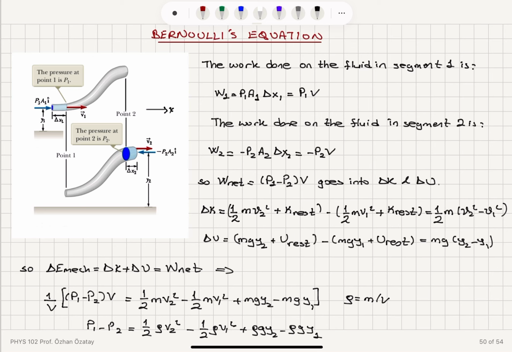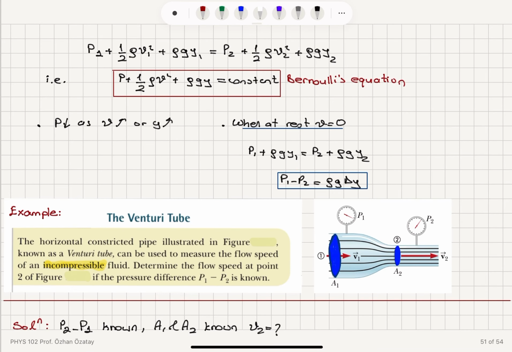So we have a kinetic energy term and a potential energy term. And this basically tells us that the pressure at a point plus 1/2 rho V squared, rho is the density, V is the velocity of the particles, plus rho gy, the y is the distance with respect to ground, is a constant. That's Bernoulli's equation.